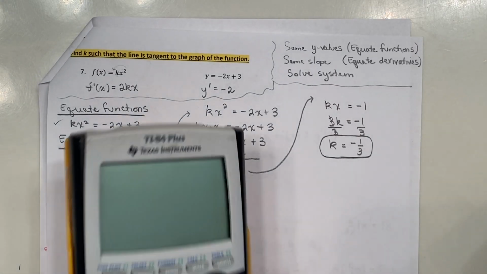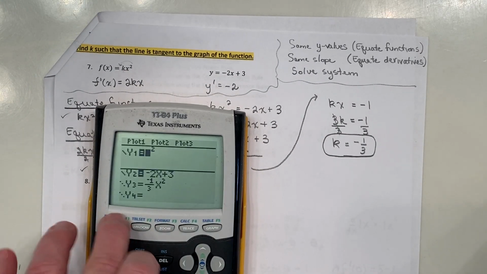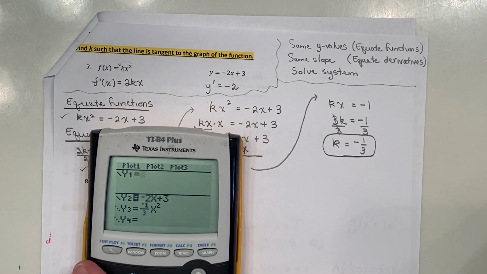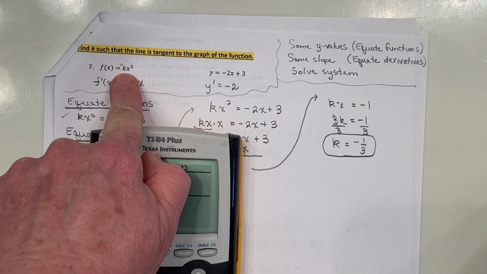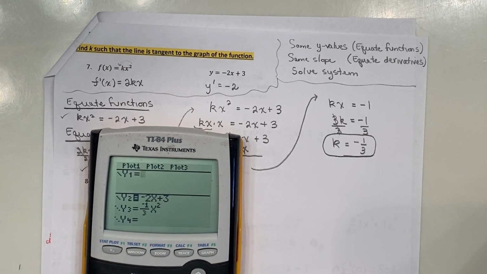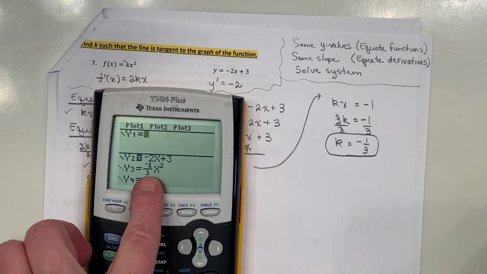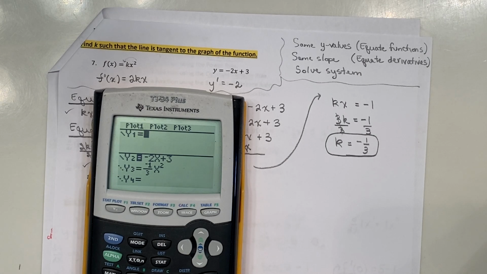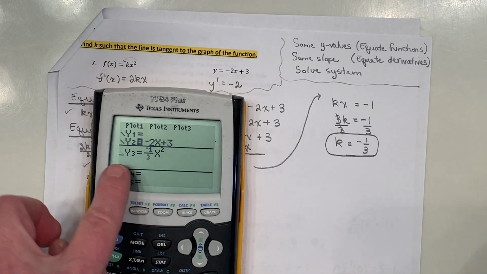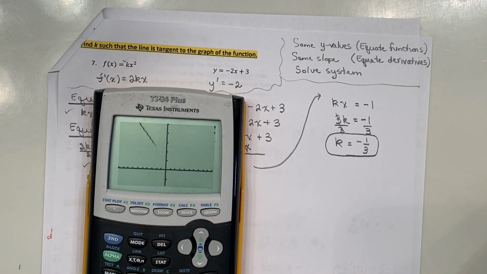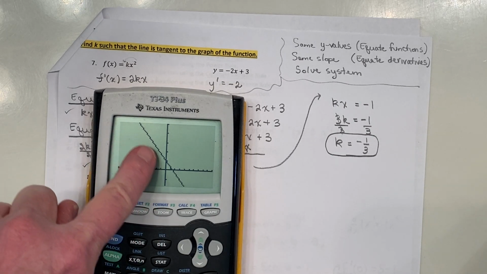As a visual for that, let's go back to the original equations. So if I type in -2x plus 3 and now -1/3 x squared, which I've done, I've got it in y2 and y3. Let me graph this. All right, that's -2x plus 3.